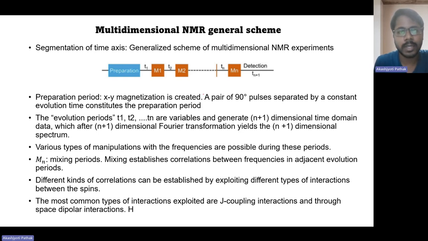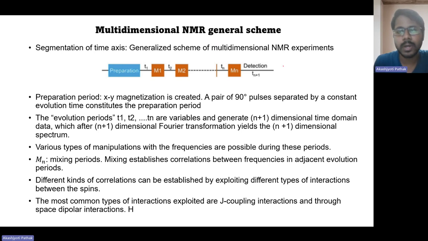These are the T1, T2, up to Tn, the evolution periods. The evolution periods T1, T2, up to Tn are variable and generate n plus one dimensional time domain data, which after n plus one dimensional Fourier transformation is the n plus one dimensional spectrum.